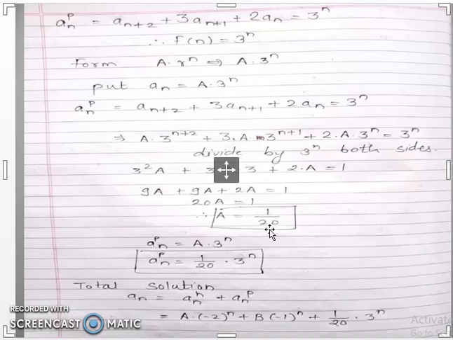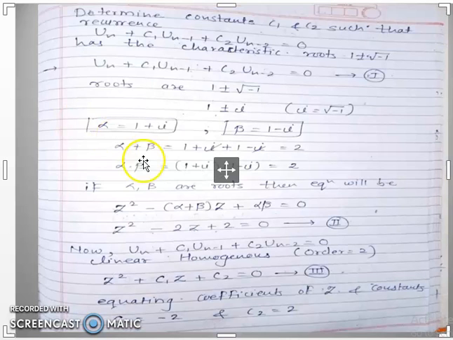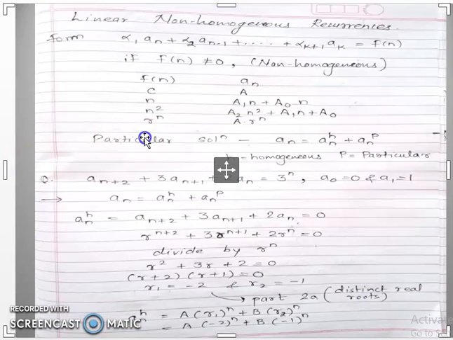Then to find out the particular solution of this equation, we know the fn value is 3 raised to power n. Then we know the formula: if the fn value is 3 raised to power n, that is, at the place of r the given question value is 3 raised to power n, then the particular solution of this non-homogeneous part of the equation is a into r raised to power n.